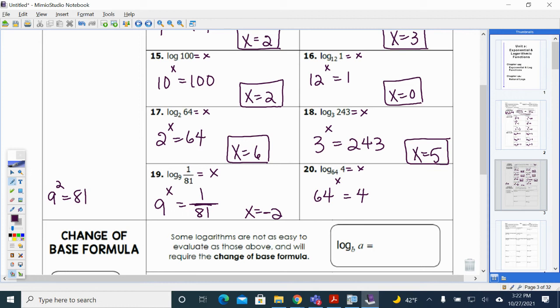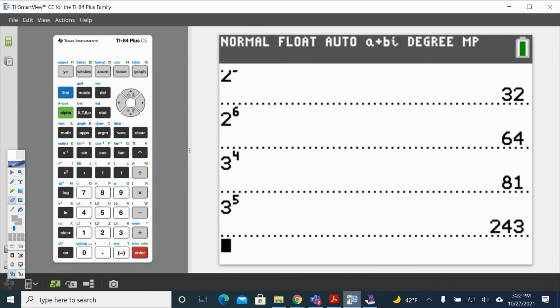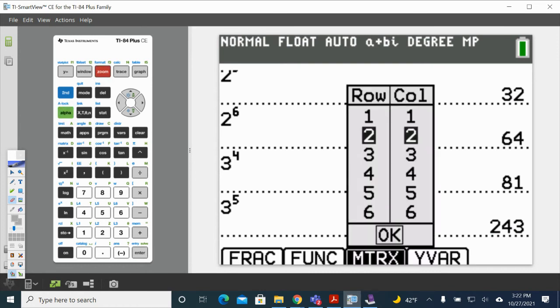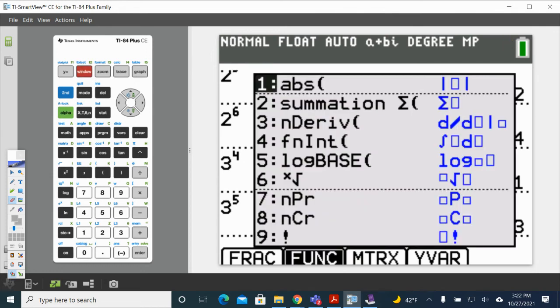In the calculator, the base on this is 64. We can't use that common log button in the calculator to evaluate this log. But there is a place where we can go to do that. If you go alpha zoom, just kidding, alpha window. If you go to alpha window, number 5 says log base. So we're going to use number 5.